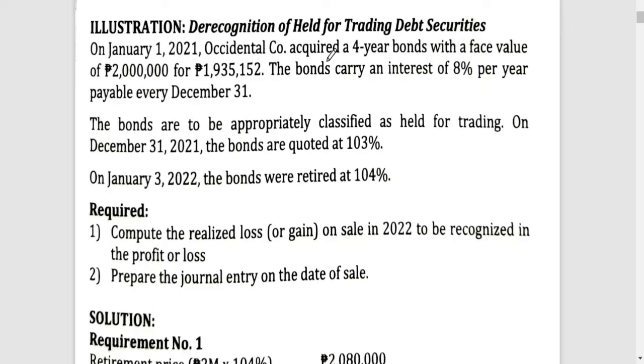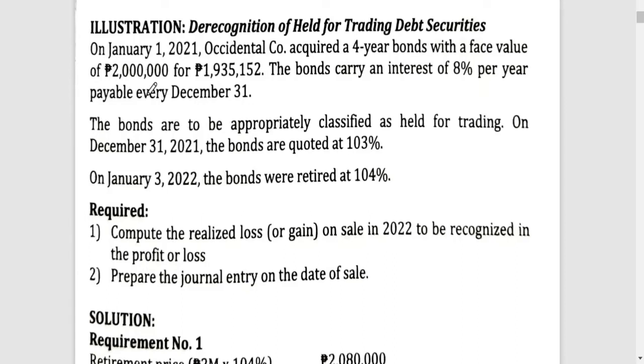So Occidental Company acquired 4-year bonds with a face value of 2 million for 1,935,152. The bonds carry an interest of 8% per year payable every December 31, and these are classified as held for trading. On December 31, the bonds are quoted at 103%.